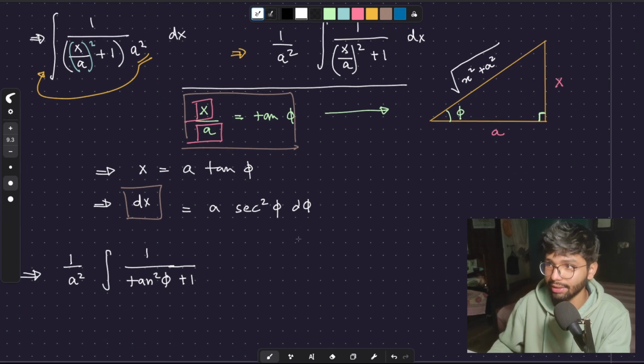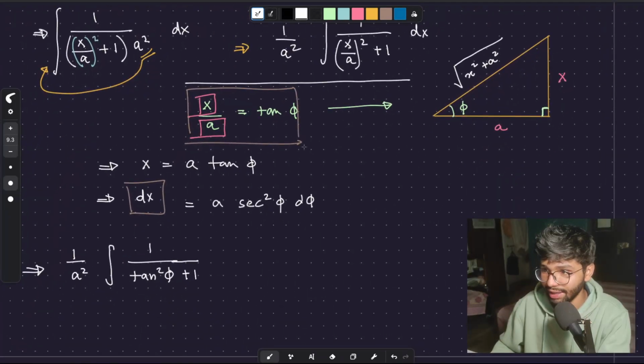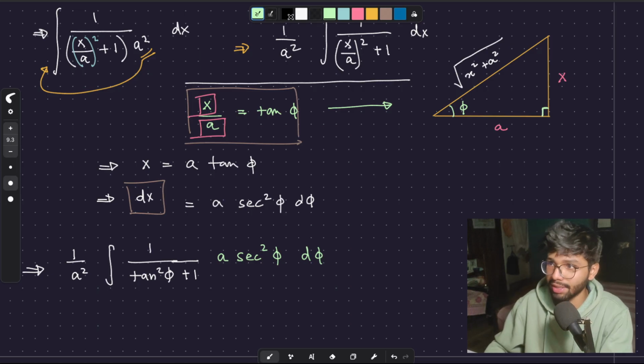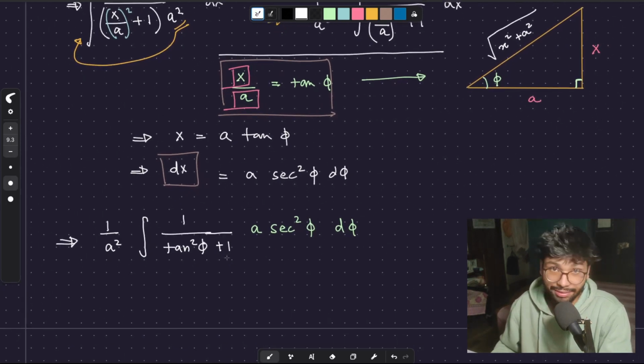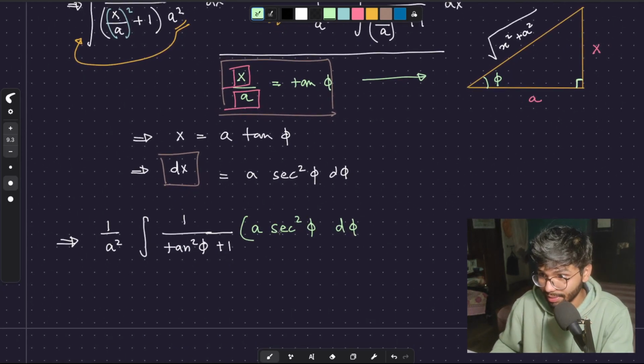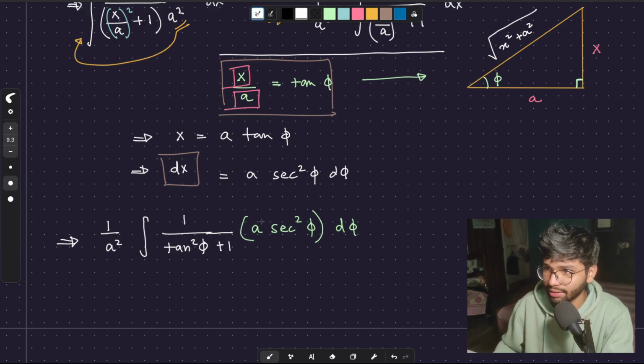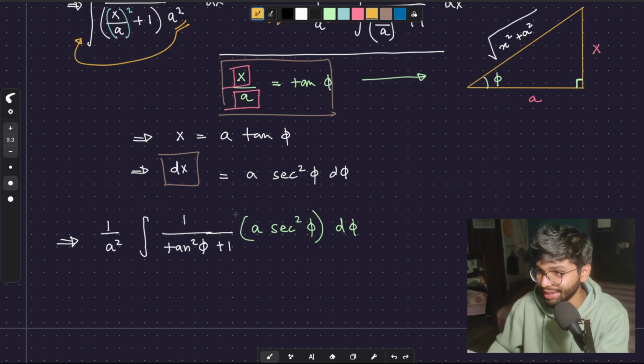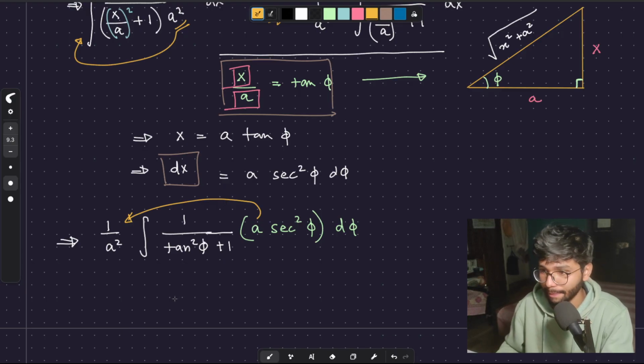And dx, we got a secant square of phi d phi. Great, amazing. Well, we can factor this, because this is being multiplied, not being added. We can just factor this a out over here. Again, I should use different colors, right? So factor this a out.